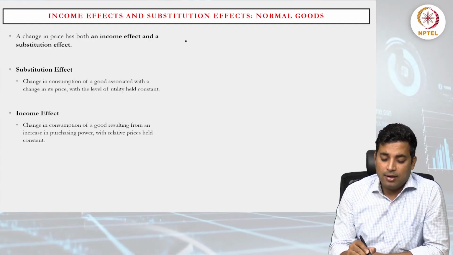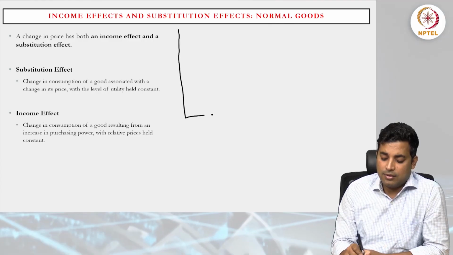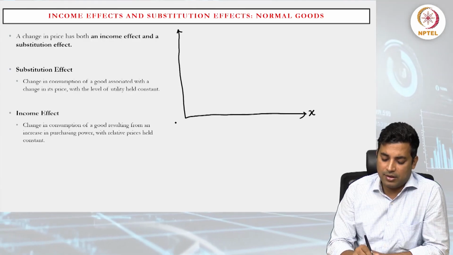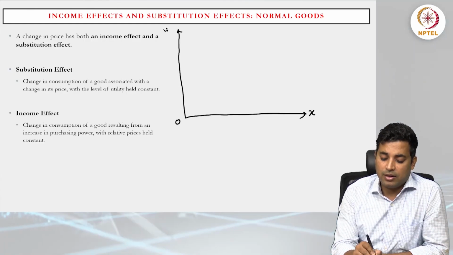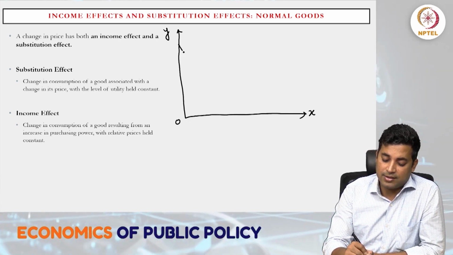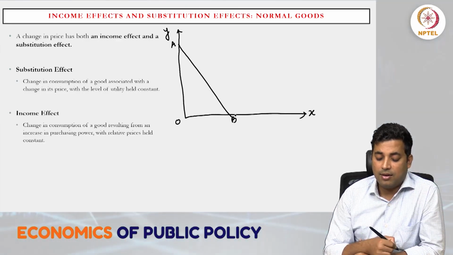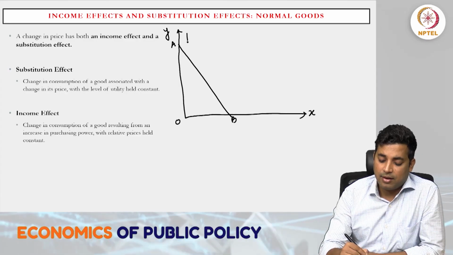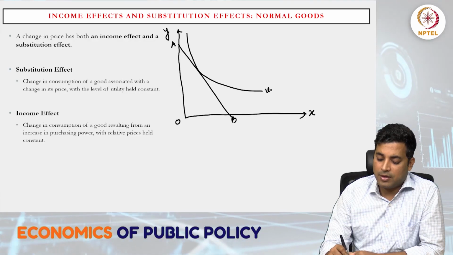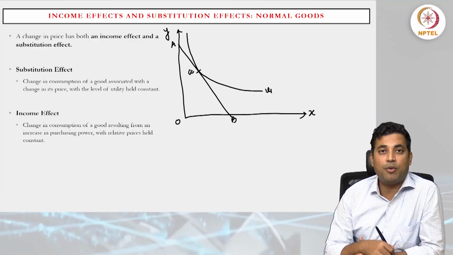So let's consider normal goods, and let's draw, because with the help of a graphical illustration it will be much easier to understand. Say AB is the initial budget line, and then we have a utility curve, and here small a is the first tangent point.